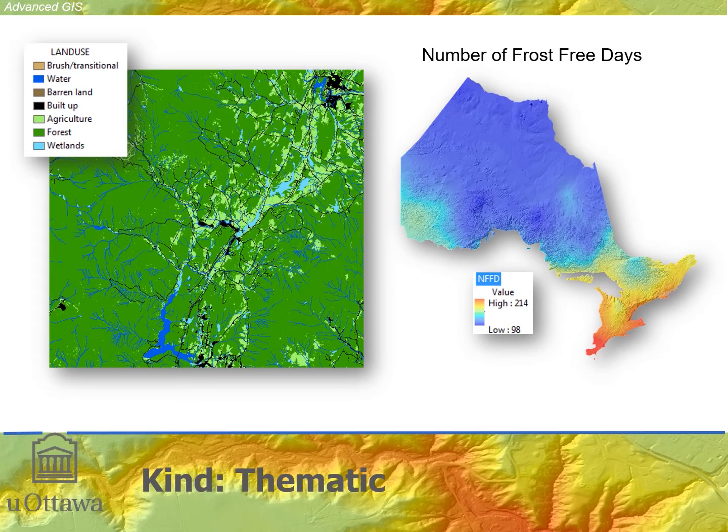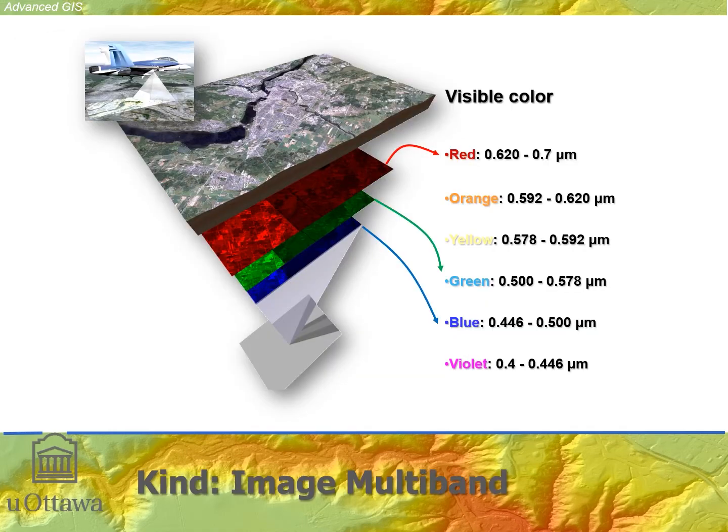So these are, again, two types of thematic, and I think we've seen those already. And we haven't seen image, so this is an example of image data. And this is just a 3-band image, the same type that you would take with the digital camera on your mobile wireless cellular telephone. Here you have blue, green, and red. So the blue part of the electromagnetic spectrum, the green part, and the red part.